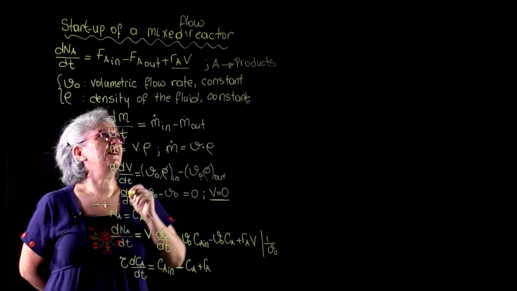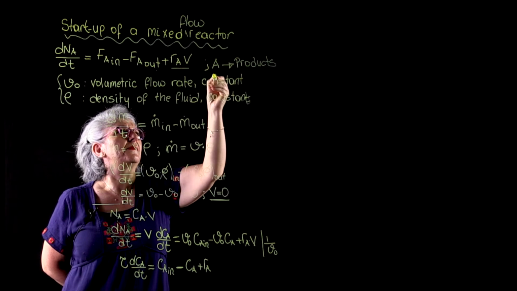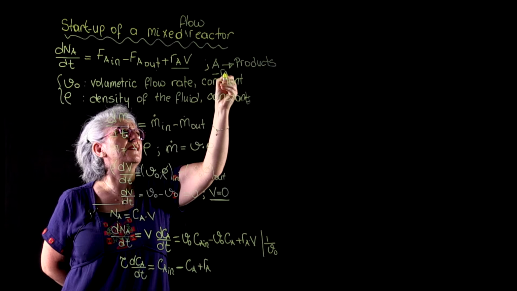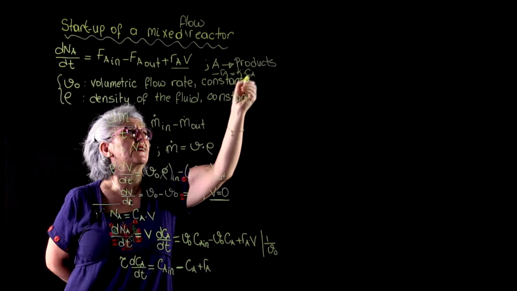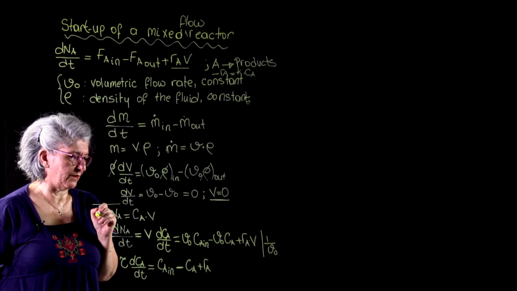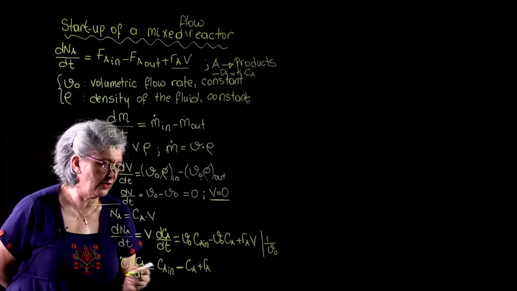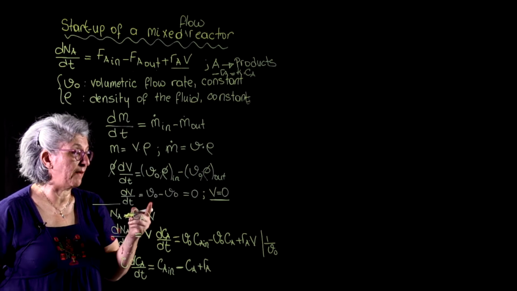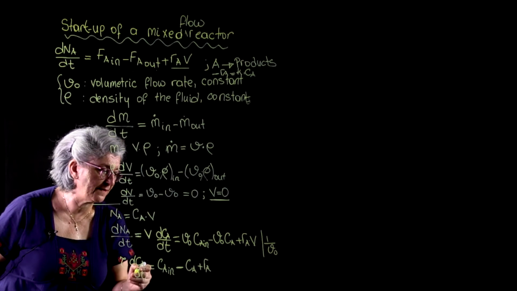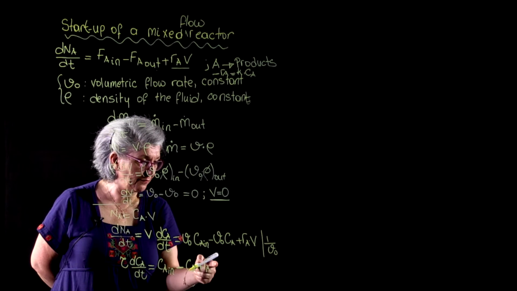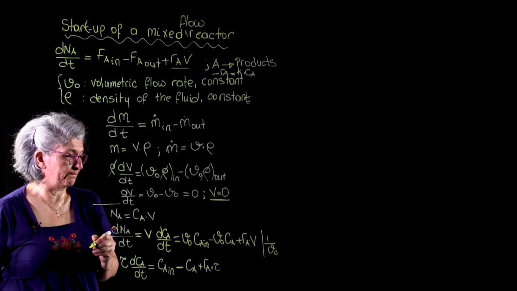And we define its kinetics as minus R sub A is equal to k times CA, following from the previous recordings. So I will substitute k times CA for the R sub A and my final differential equation. And I have, of course, a tau here. All right?